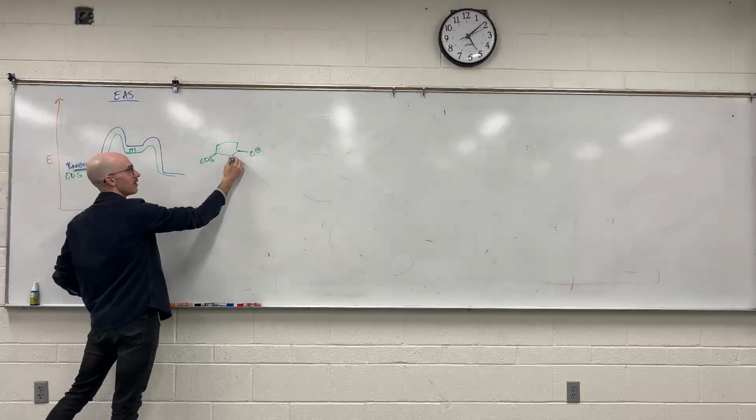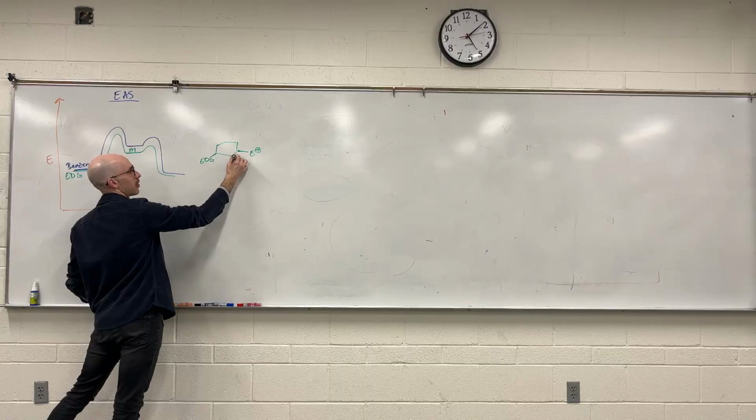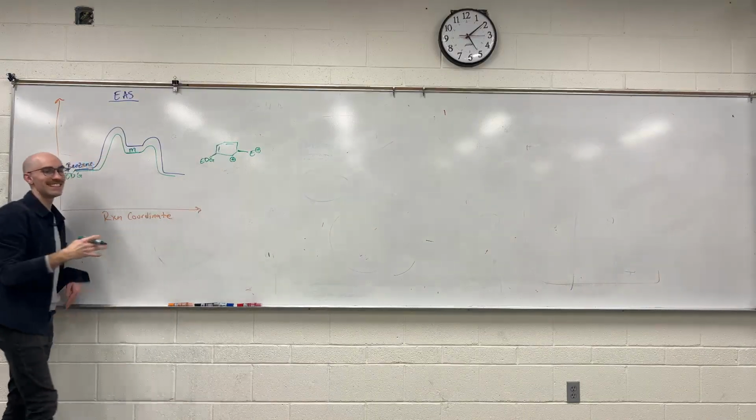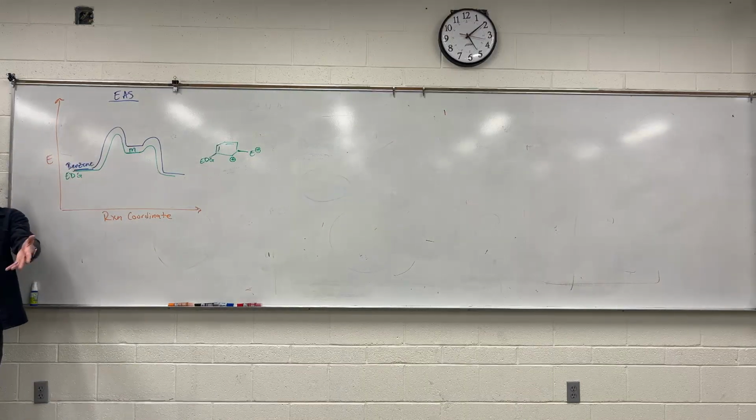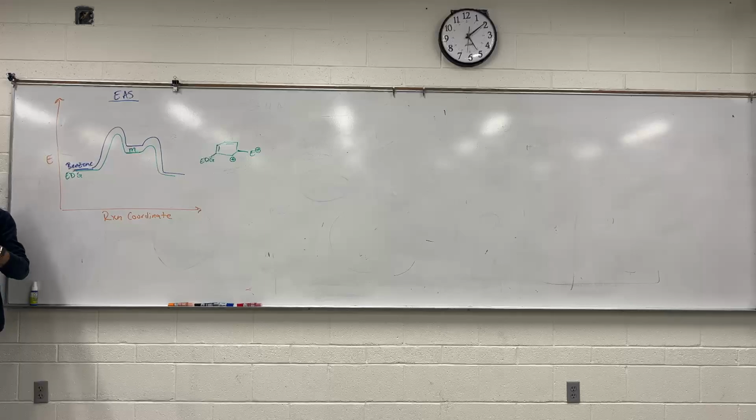And here's the deal. The electron donating group is never able to engage in resonance. The electron donating group does make it a better nucleophile, but it doesn't actually stabilize the intermediate more.